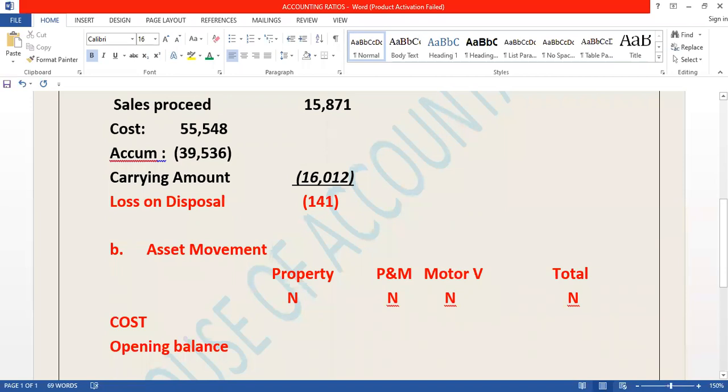I told you that the information they gave you as at 1st of July 2018 is your opening balance. So what's the cost of property as at that date? 6 million. I'll write it in thousands.